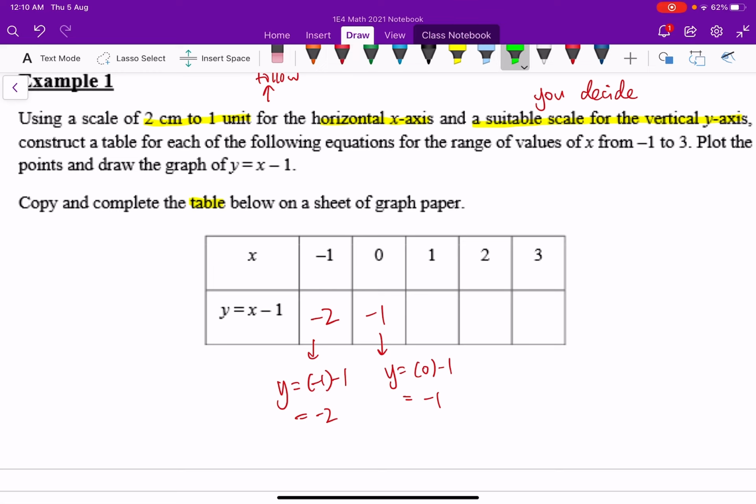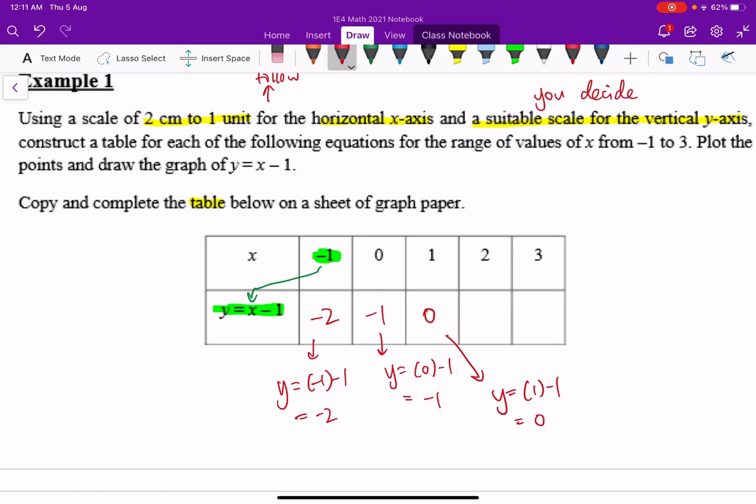So what I do is I take this equation and I take the value here and I put it into the x. Every different question will have a different equation, and you have to substitute into it accordingly. So you follow what the equation given to you for that question is.